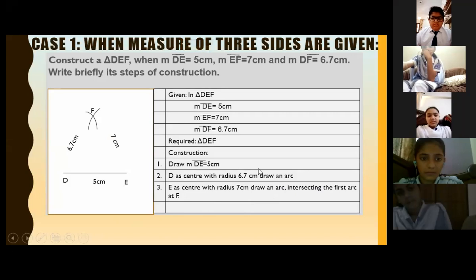Now the last point: take a scale in your hand, join D to F and E to F. That's it. Steps are clear?